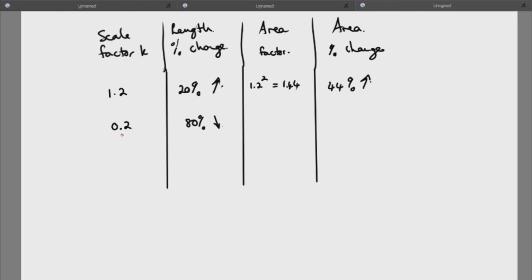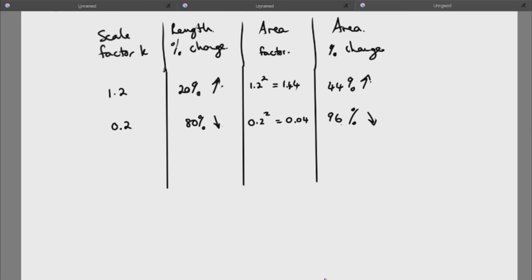Now I'll use the scale factor to get the area factor, and that's 0.2 squared, which is tiny, 0.04, which means the area changed, a decrease of how many percent? 96% decrease. By decreasing the side lengths of the shape 80%, I lost a whole bunch of area.